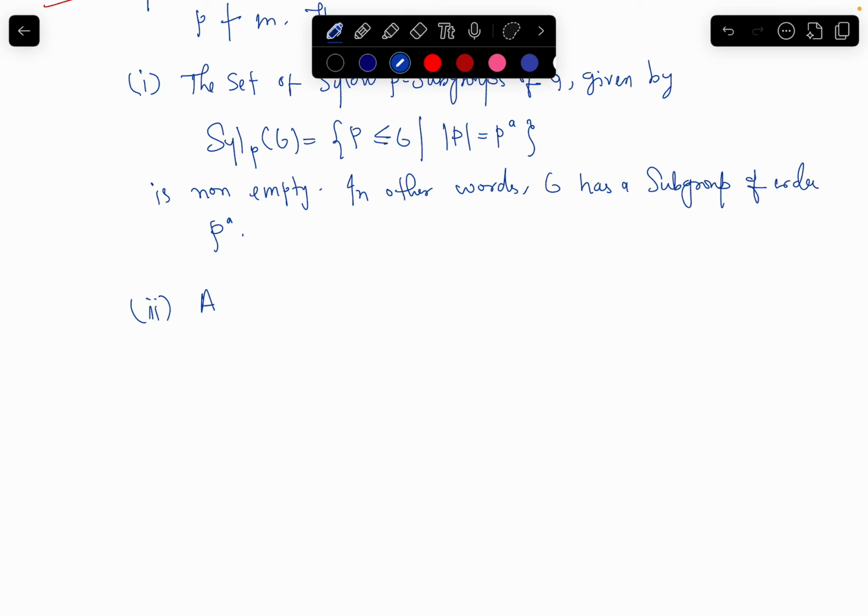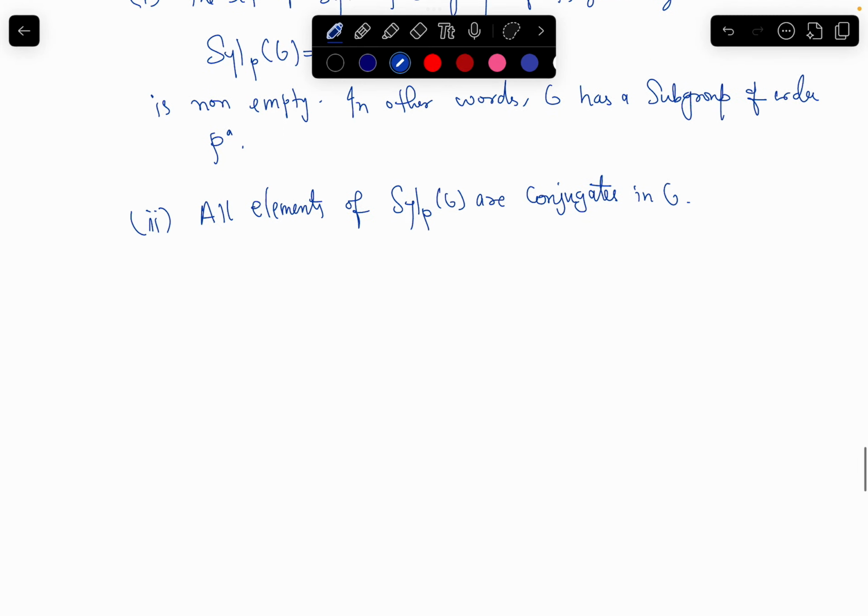Now if there are two or more than two, then all of them are conjugates. So all elements of this set are conjugates in G.